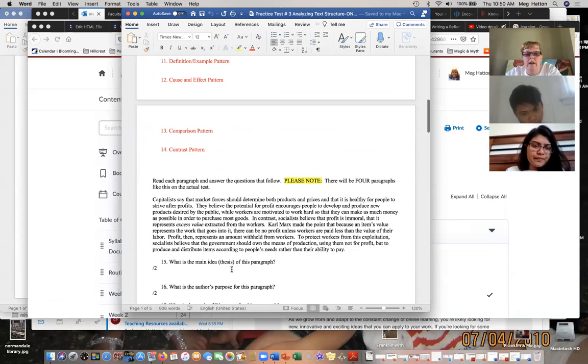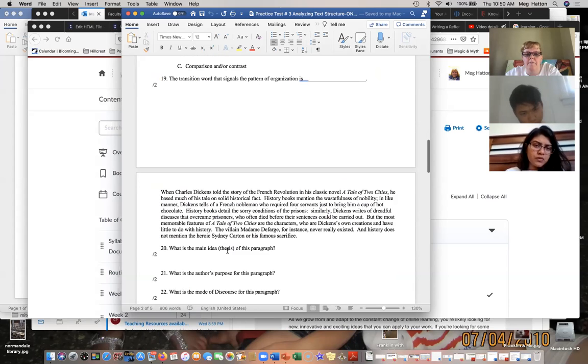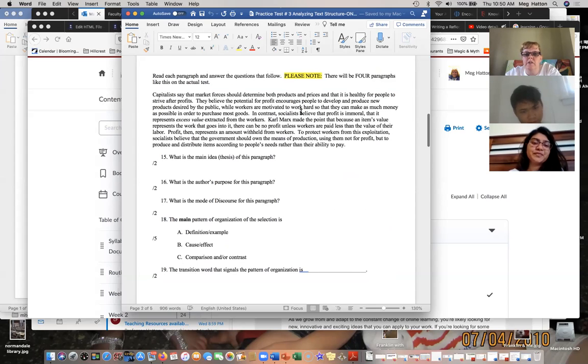And right now there are two of these little paragraphs, but on the real test there will be 4 paragraphs like this. Okay, so you're going to have 4 of these little tiny paragraphs where you're going to have to figure out the main idea.